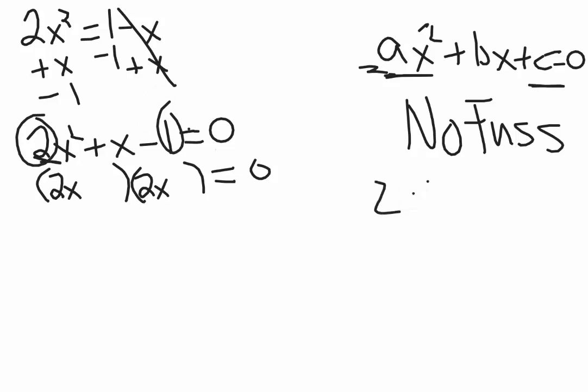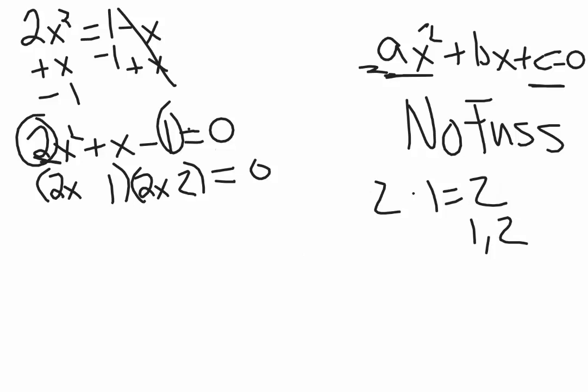All right, so that gives us 2 times 1, which is just a 2. And typically, you would just make your list of all the different numbers that multiply to get to 2. Now, the only thing that multiplies to get to 2 is a 1 times a 2. So we have to use those combinations of numbers. Typically, you're looking for what combination of numbers multiply to get that, but add or subtract to get your middle term.